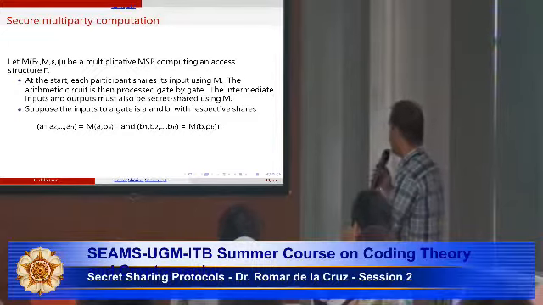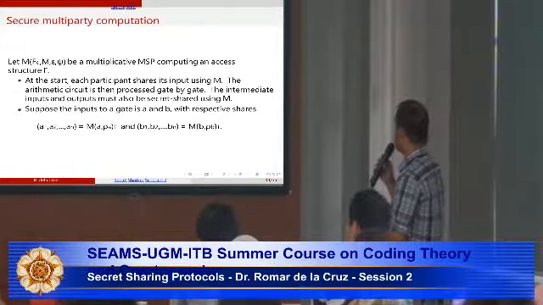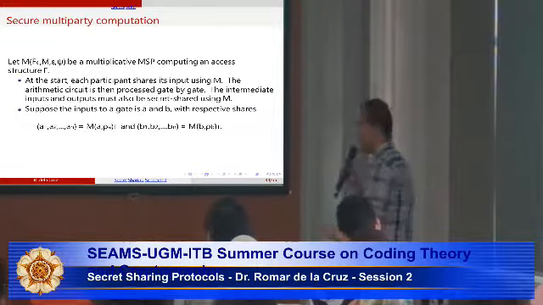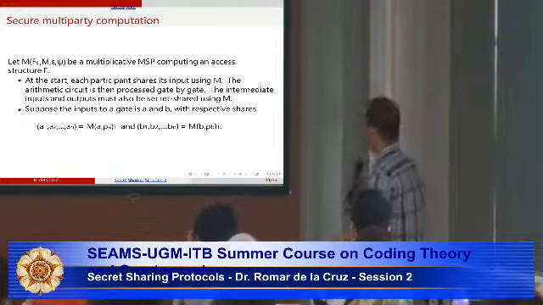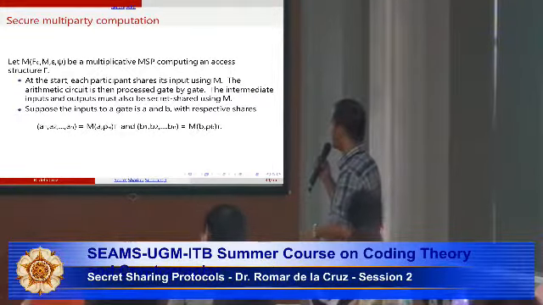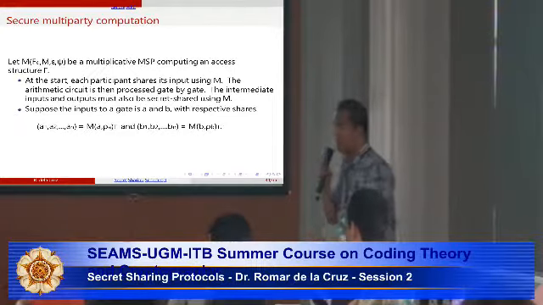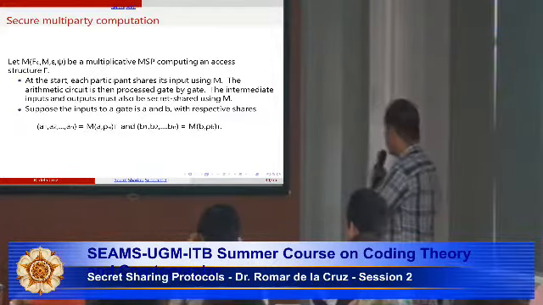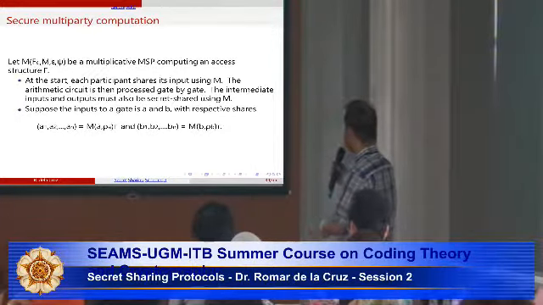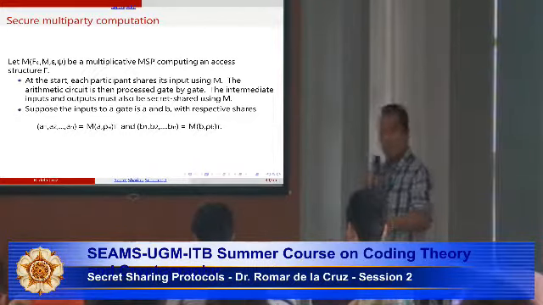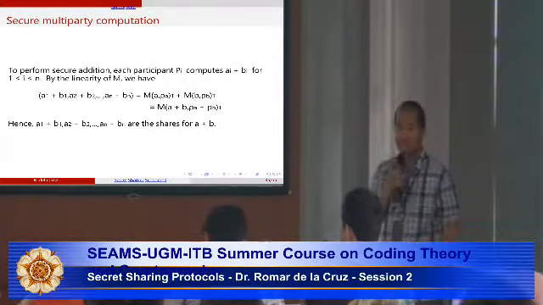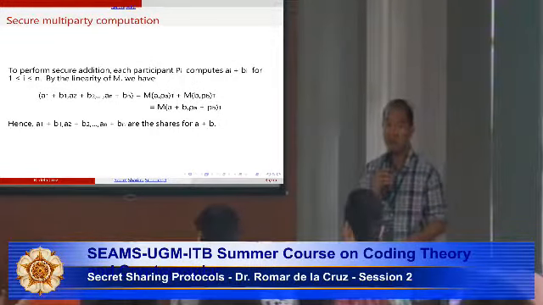Because by linearity, suppose A and B are secrets, and these are the corresponding shares: the shares for A and the shares for B. If you consider the sum of these two secrets, the shares for this secret are just the sum of the shares, because the scheme is linear.